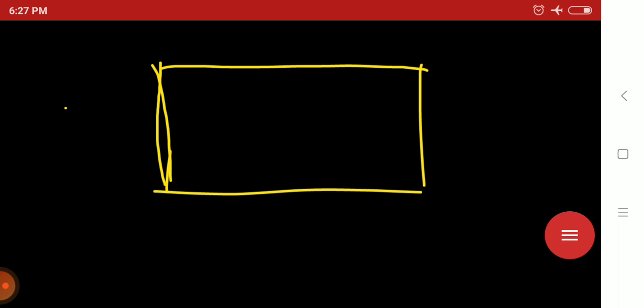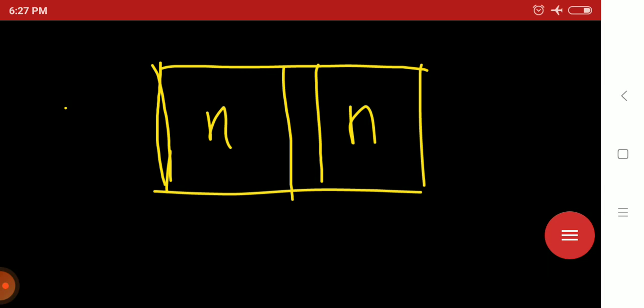What is an NPN transistor? You all know N-type semiconductor and P-type semiconductor. Whenever a P-type semiconductor is sandwiched between two N-type semiconductors, we can make an NPN transistor.